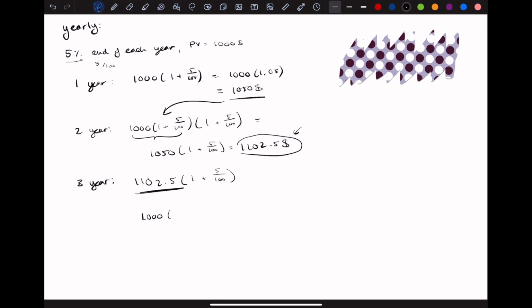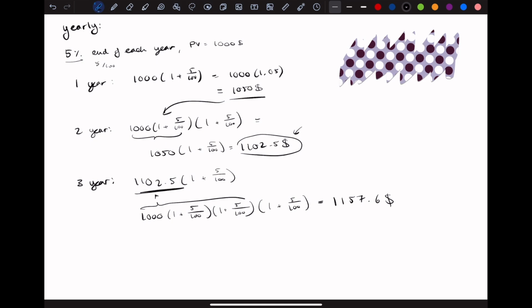So we write 1,000 times 1 plus 5 over 100 times 1 plus 5 over 100, which is 1,102.5. And then we finally multiply that by 1 plus 5 over 100 again to get, by the end of year 3, what our value will be. And in this case, we're going to have 1,157.6.